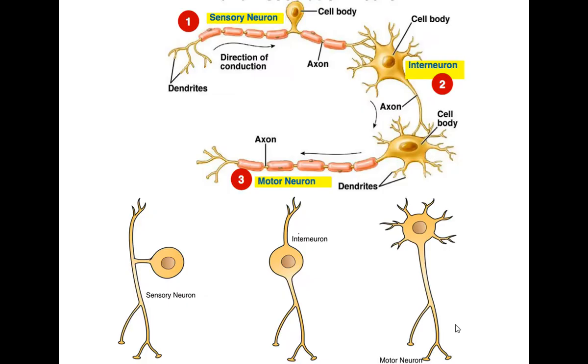So there's a picture at the top showing you the sensory neuron and how it overlaps with the interneuron, which overlaps with the motor neuron. And then the pictures at the bottom are showing you the shapes of those different neurons. You can see how the sensory neuron, its cell body, which contains its organelles, its nucleus, is in the middle, while the interneuron, it's actually a part of the axons.